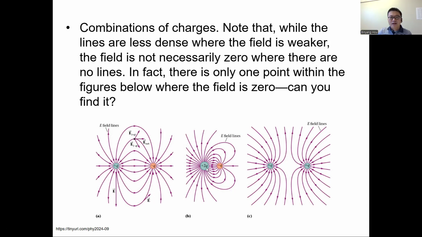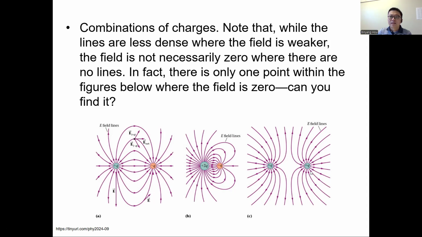And if you have opposite charges and one is twice as large as the other, then at the more charged location you have more field lines. Again, starting from the positive charge, pointing to the negative charge.